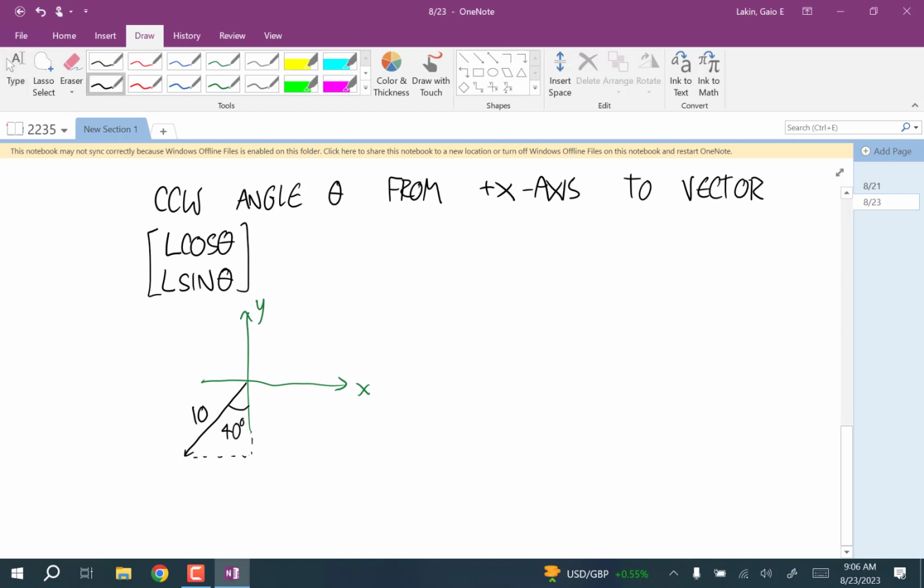So this length would be 10 times the cosine of 40. This length would be 10 times the, I did that backwards. This would be 10 times the sine of 40. This would be 10 times the cosine of 40. You know what quadrant you're in. And so the components here are negative 10 times the sine of 40 degrees, negative 10 times the cosine of 40 degrees.